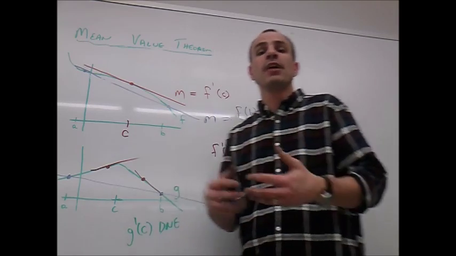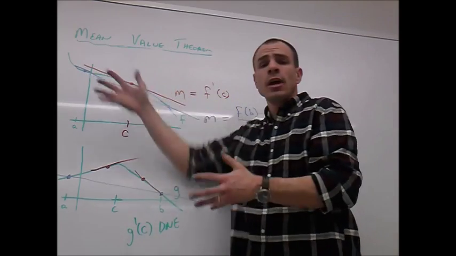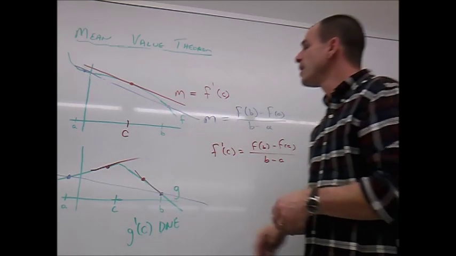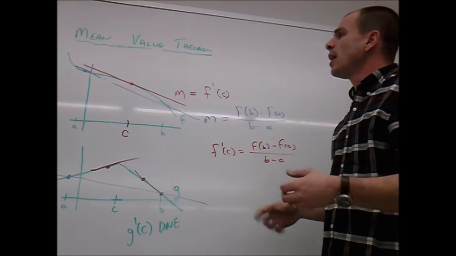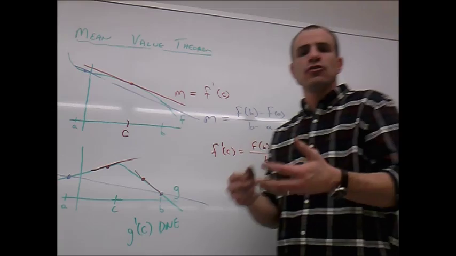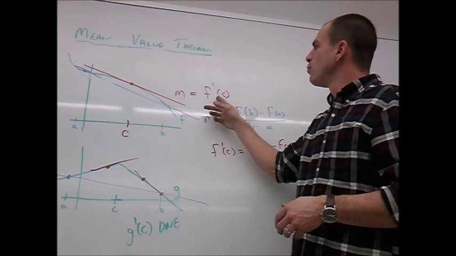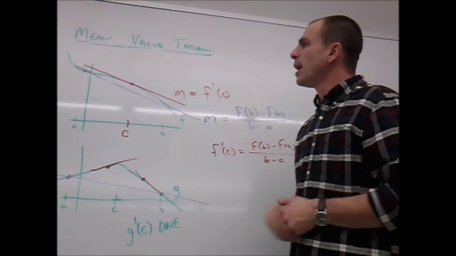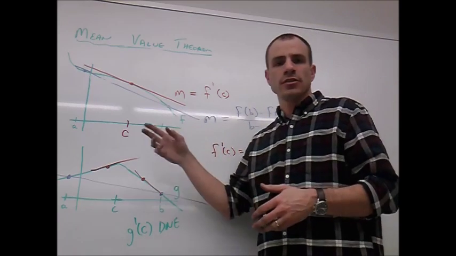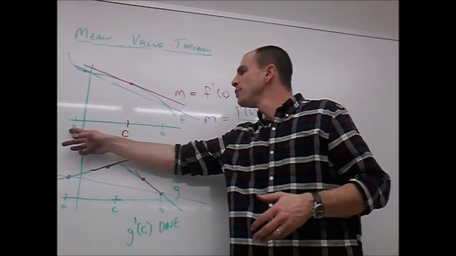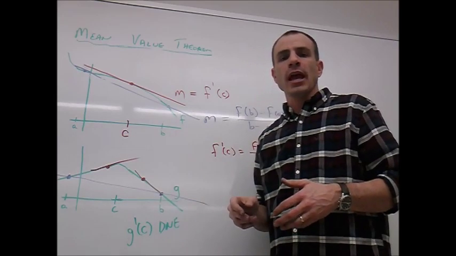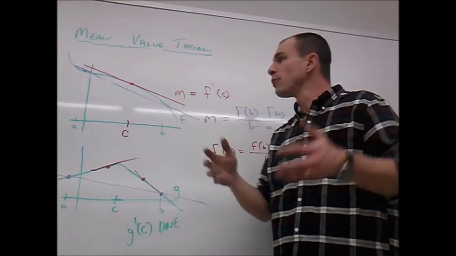At the same time, they may also give you conclusion questions where they'll say, why is it true that f prime will be equal to negative 2/3 for some value between a and b? And you have to think, okay, why is it true? I don't know it.